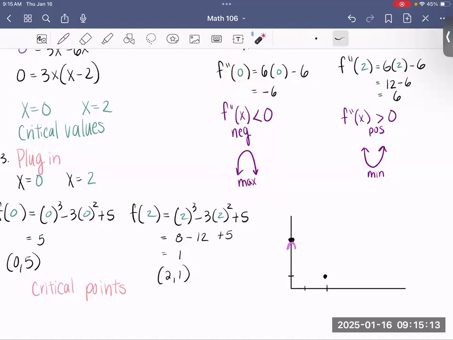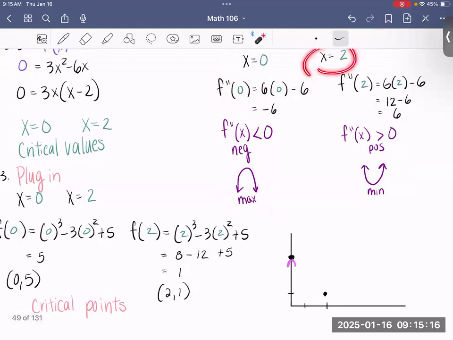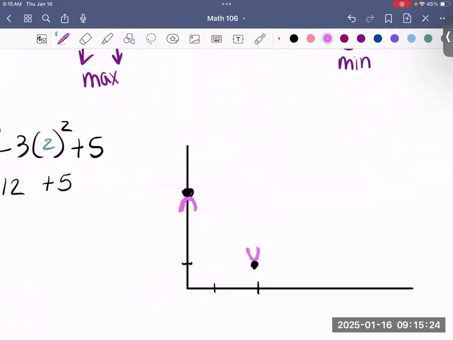And then from your other side, so when x is equal to 2 or the coordinate 2, 1, we now switch to have a minimum. We're going to be concave up. So when we go ahead and connect, we'll end up swooping and then we can go off on either side. And you'll notice that here we're concave down for all of it.